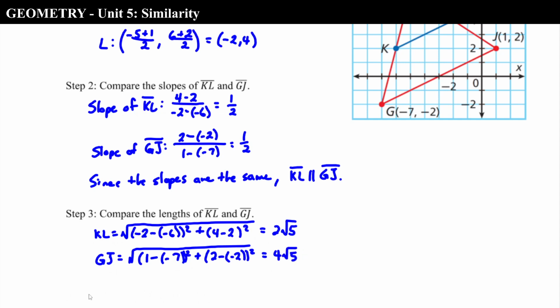So, since 2 square root of 5 is equal to 1/2 of 4 square root of 5, then we can say that KL is 1/2 of GJ. Okay? So, these are relationships that we have discovered through this investigation here. If you don't remember the distance formula, I'll refer you back to Unit 1 to refresh yourself on that.